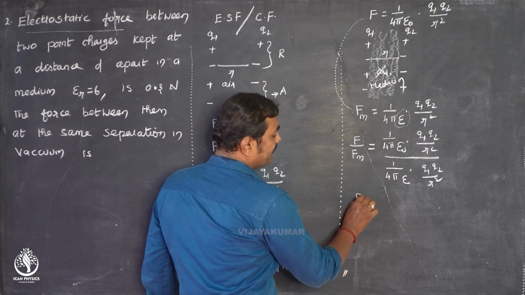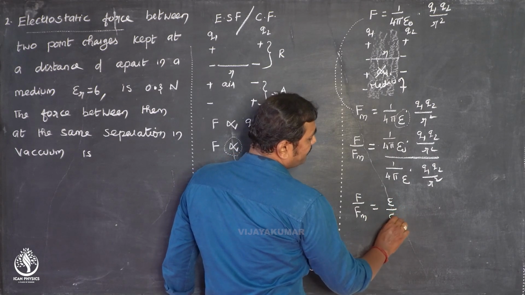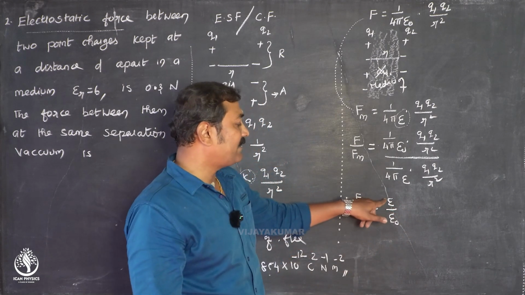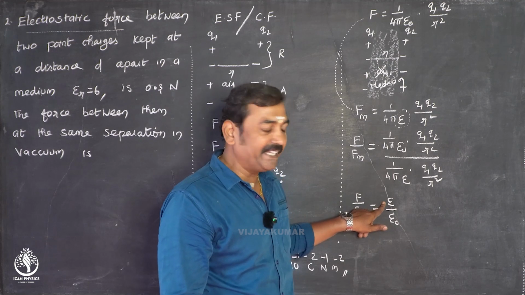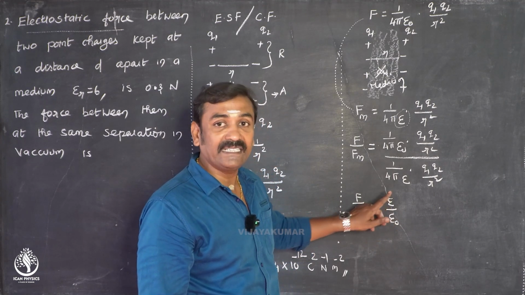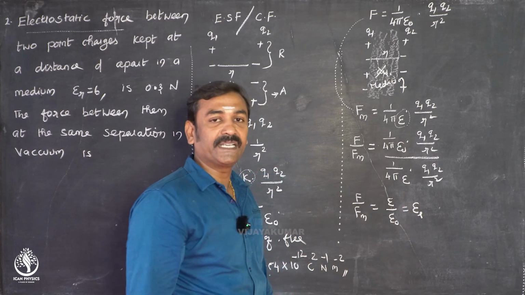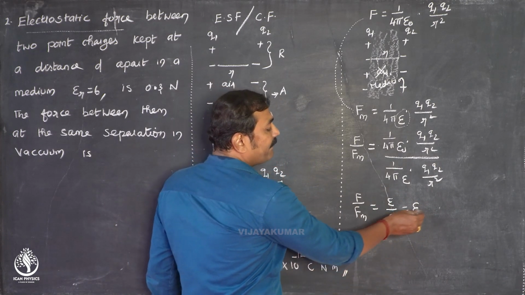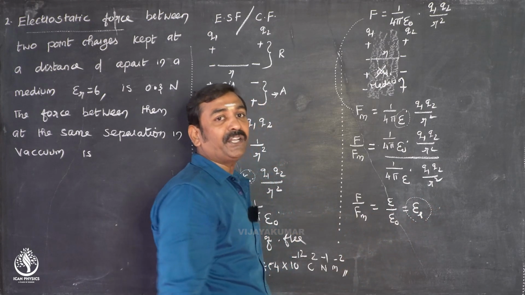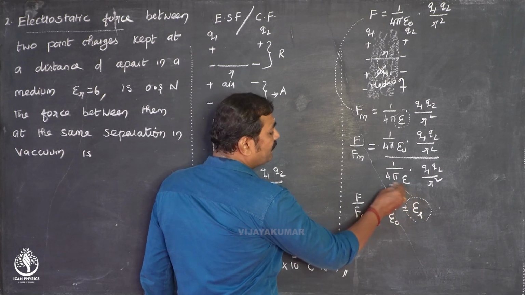So after cancellation, F by Fm equal to epsilon by epsilon 0. What is epsilon? Permittivity of the medium. What is epsilon 0? Permittivity of free space. Now this ratio can be taken as epsilon r. So what is epsilon r? Relative permittivity.